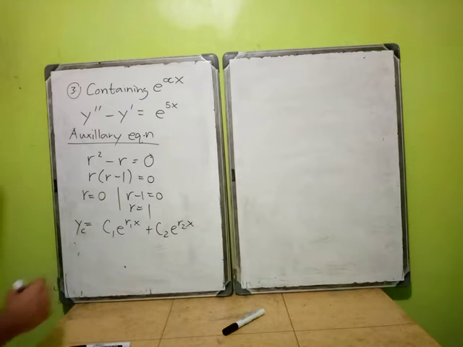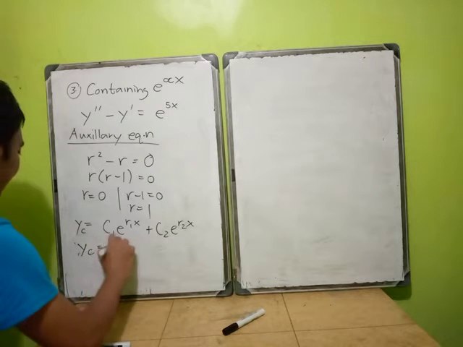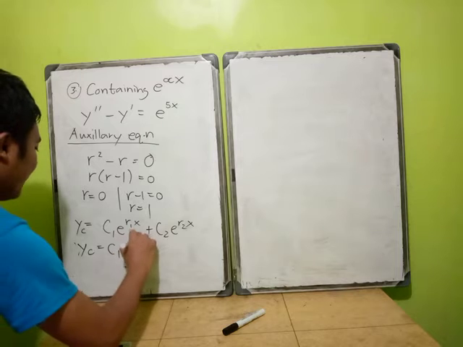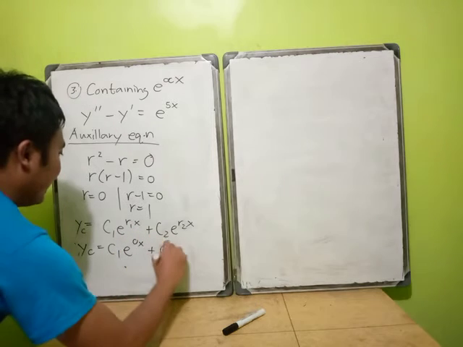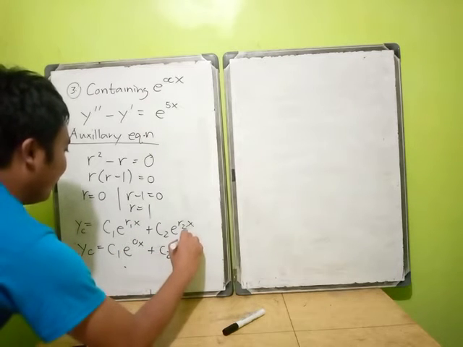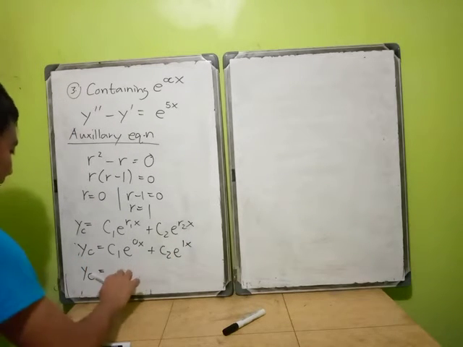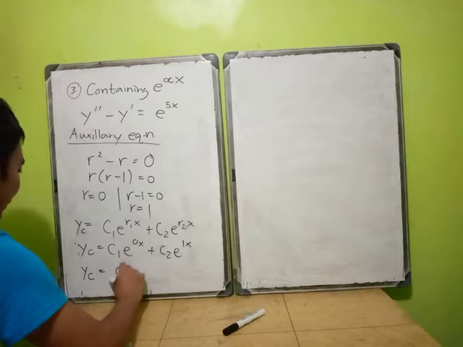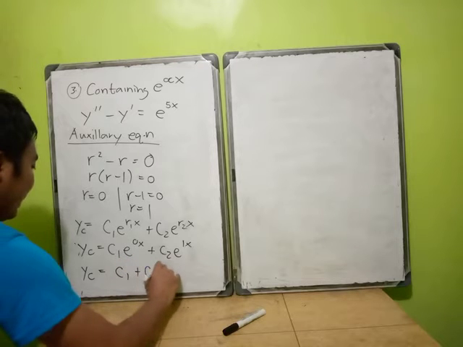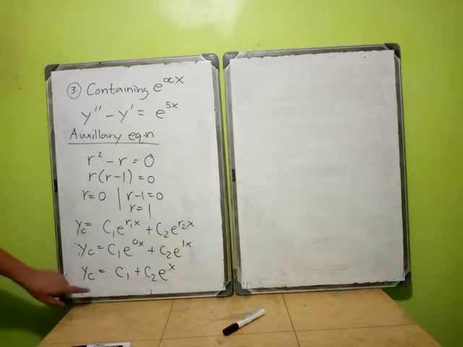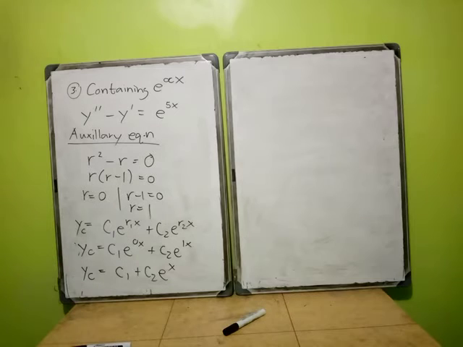So here we have YC is equal to C1 e to the power of 0x plus C2 e to the power of 1x. So YC, simplified, is just C1 plus C2 e to the power of x, since e to the power of 0 is 1. This is the homogeneous part of your solution.